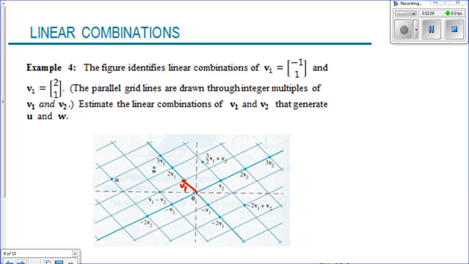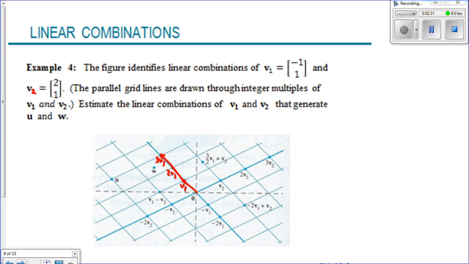So 2v1 is going to be going in the same direction as v1, but twice as long. 3v1 would be going in the same direction, but 3 times as long. Okay, so 2v1 ends here, and 3v1 ends here.